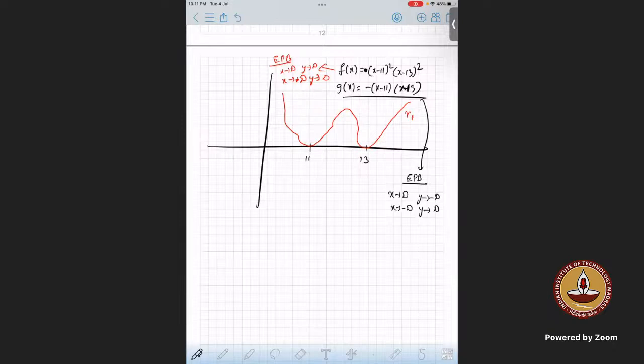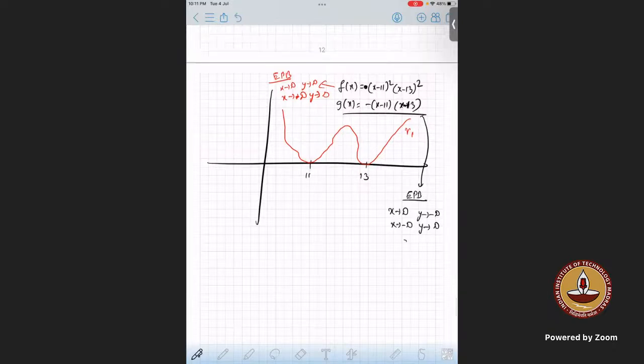So as x tends to infinity, it tends to minus infinity, so it will go from down at 13, and then it will go to minus infinity. Then as x tends to minus infinity, y tends to minus infinity. Then it will go like this.